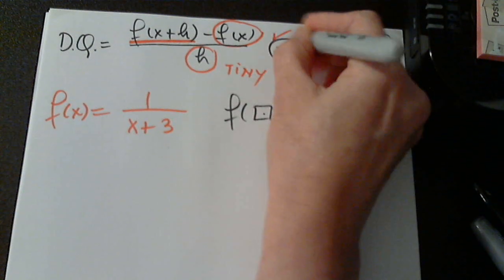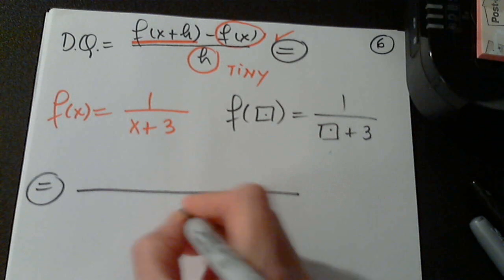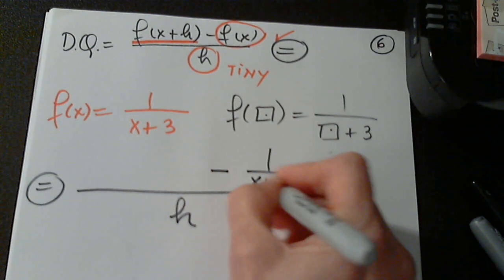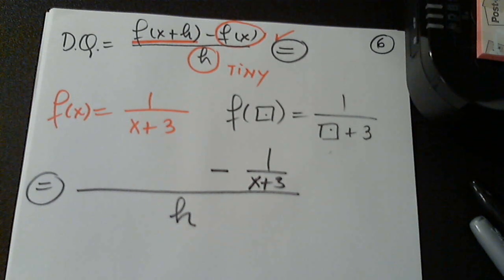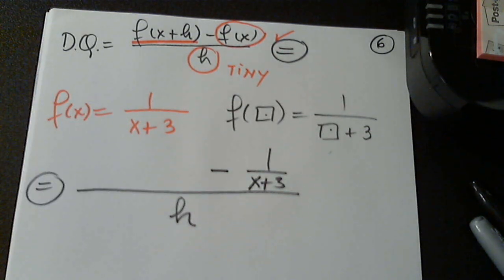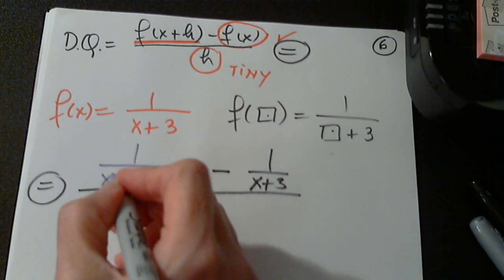And from here, we're going to jump over here. Can anyone give us f of x plus h? Please. 1 over x plus 3 plus h.